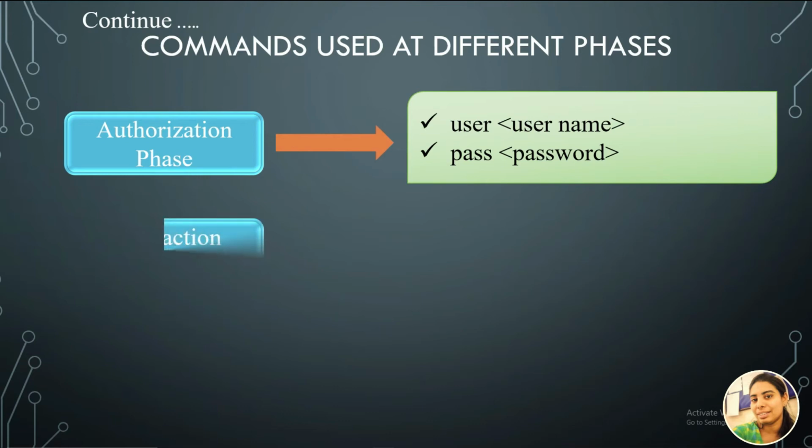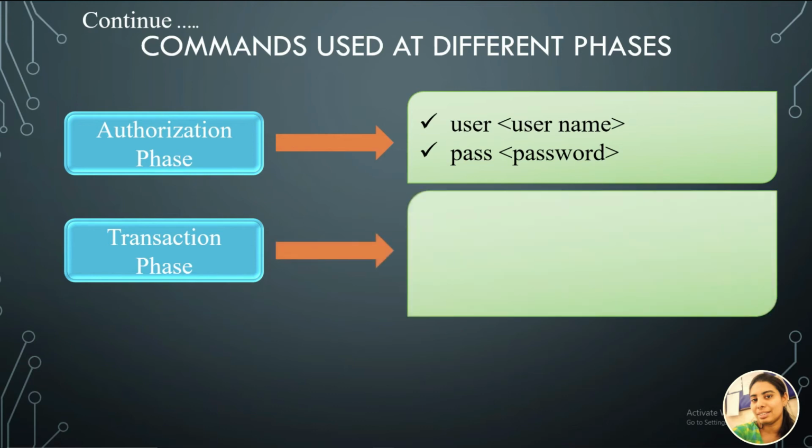The transaction phase provides various commands to provide various services to the users when the user tries to access the message. First command is LIST, which is used to list out all the mails from the mailbox. Next command is RETR, R-E-T-R.